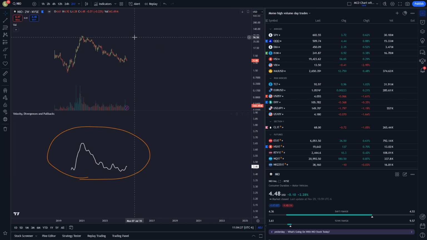But I wanted to take a quick peek at the 2-week mark, because there have been some comments that I've received on Twitter saying, I'm not so confident in what I see on the 2 weeks.